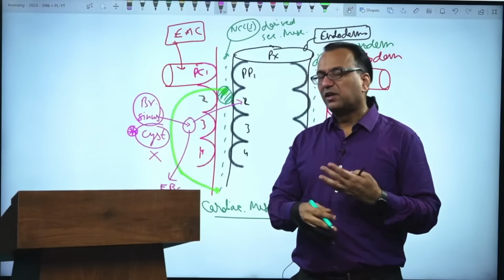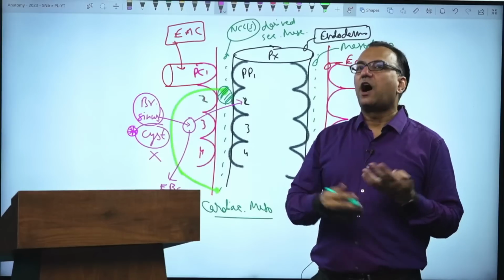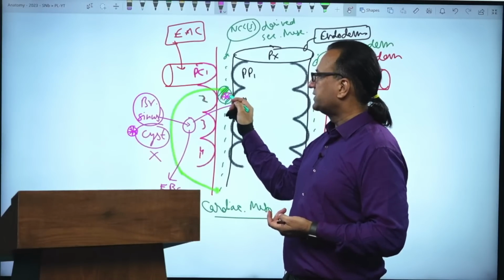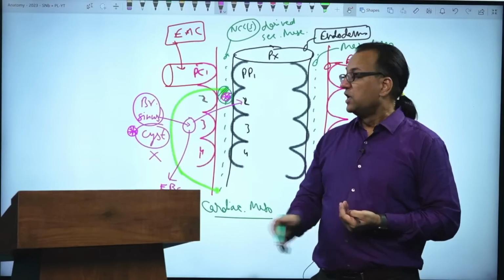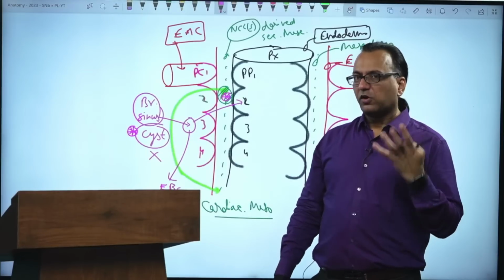Branchial cyst, branchial fistula, branchial anomalies mostly belong to which arch? Your answer should be mostly they belong to second arch. They are mostly second arch anomalies, 90 to 95% of the cases.